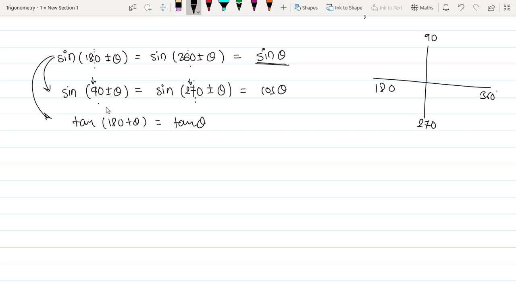But if I write tan of 90 plus theta, then what happens? The opposite remains. The opposite of sin is cos, so what is the opposite of tan? Cot will remain.